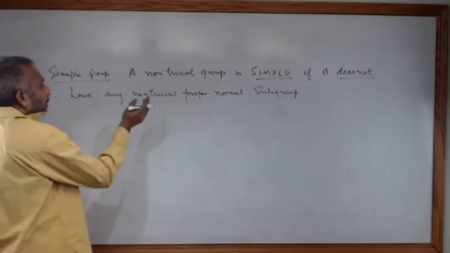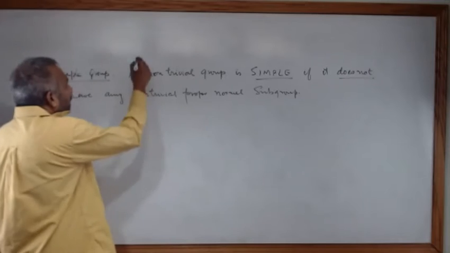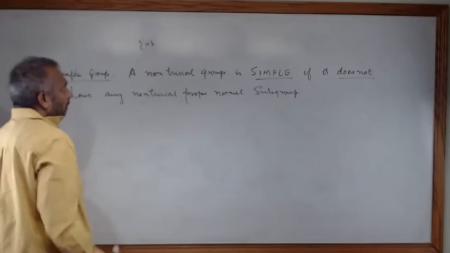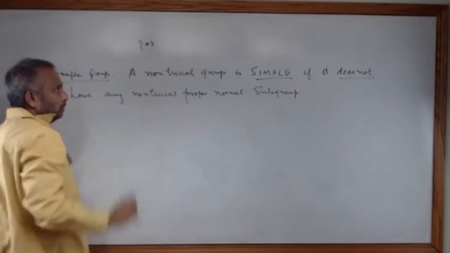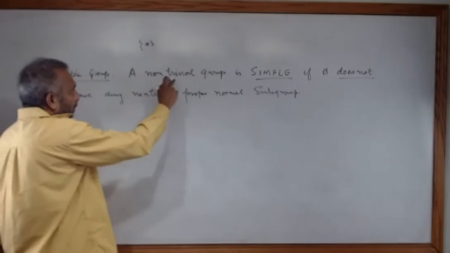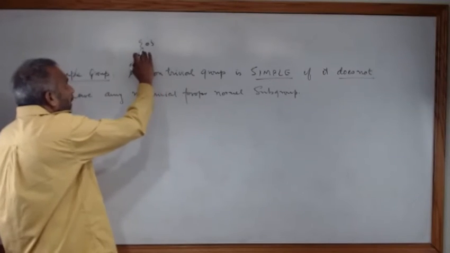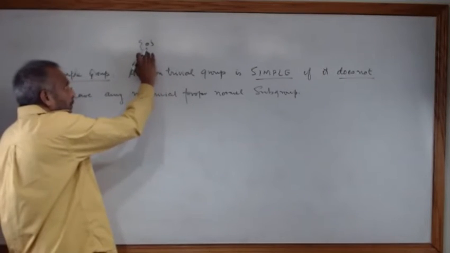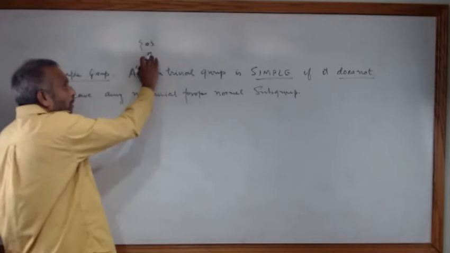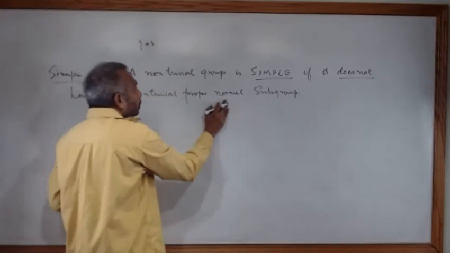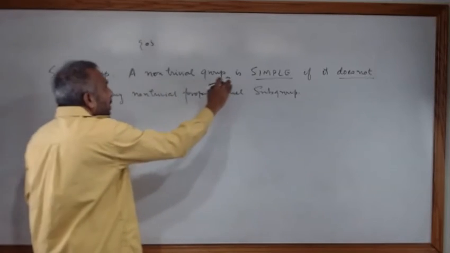Meaning, we don't want to consider just 0 as a subgroup of G, or the identity E as a subgroup of the non-trivial group. So it has to be a proper subgroup, and it should not be a trivial subgroup, and it has to be normal. If there is no such subgroup, then that group is simple.